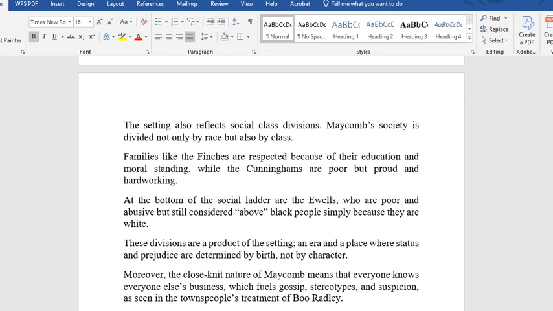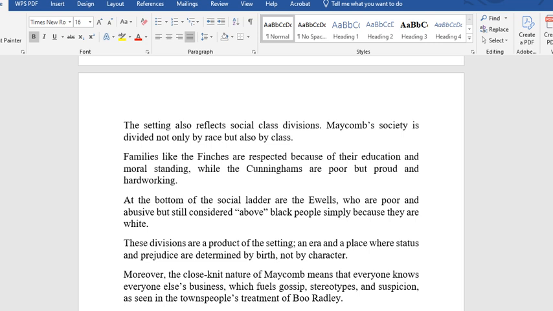The setting also reflects social divisions. Maycomb society is divided not only by race, but also by class. Families like the Finches are respected because of their education and moral standing, while the Cunninghams are poor but proud and hardworking.